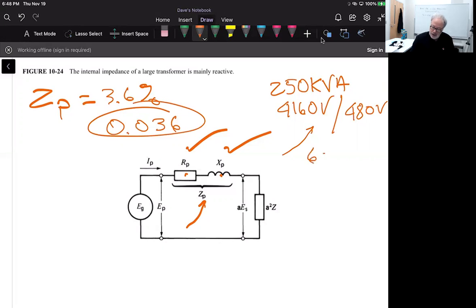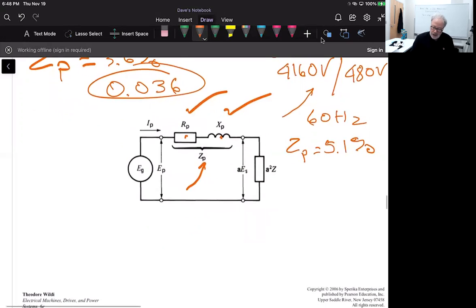It's 60 hertz, and it has an impedance equal to 5.1%. Calculate the base impedance on the primary and secondary side and the total internal impedance of the transformer referred to the primary side. Okay, and that's what this is all about. This is all developed and referred to the primary side.